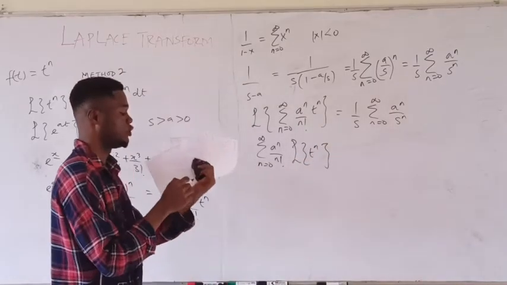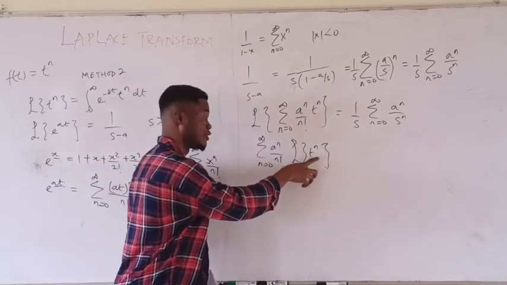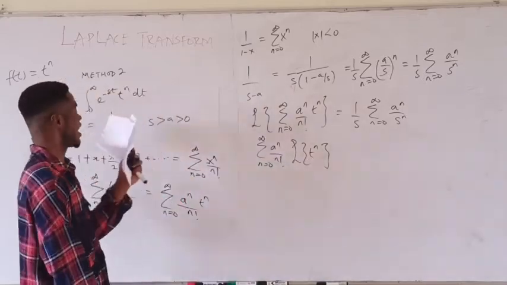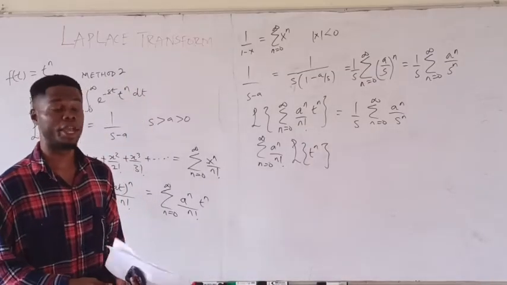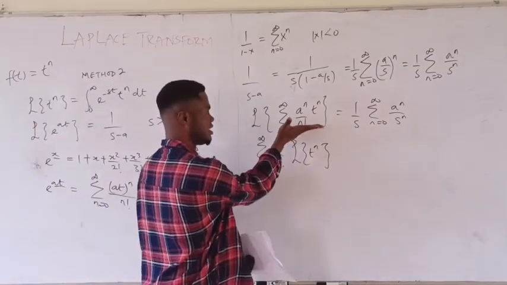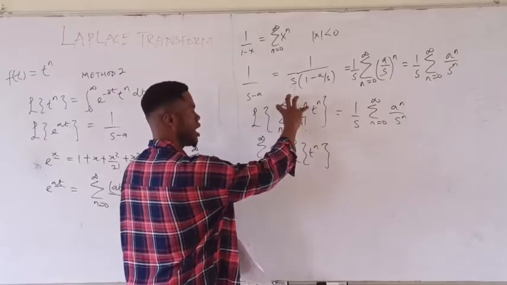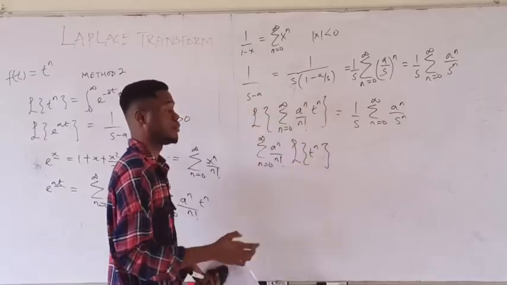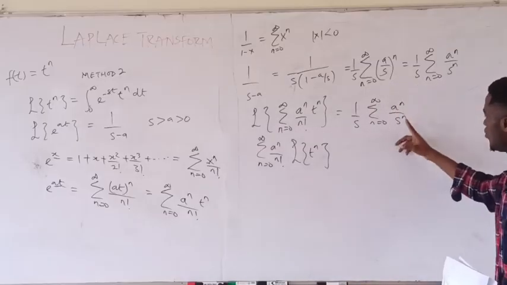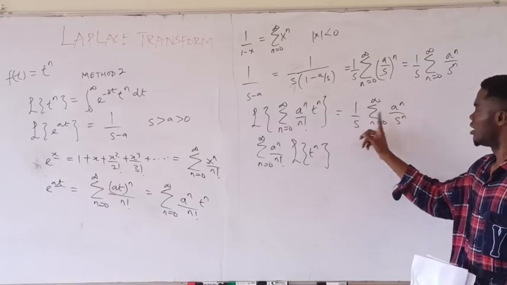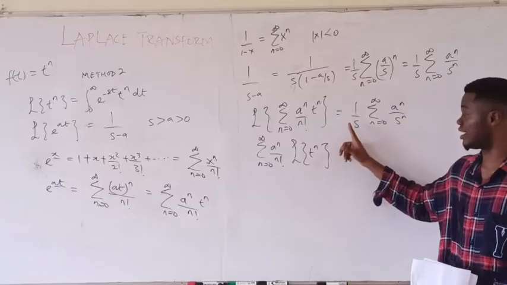Recall that all I have been doing so far was just to get the Laplace of t raised to the power of n, and then this idea helped me to achieve my aim. Now, since this is the same as this, I just took the summation outside of the Laplace. The same way I can decide to take 1 over s raised to the power of n outside, right?